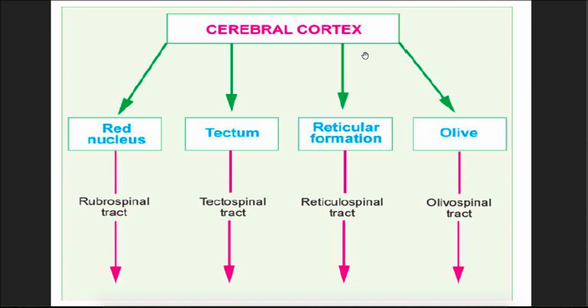So, the cerebral cortex is influencing the red nucleus, from which you will have rubrospinal. The cerebral cortex is influencing the tectum of the midbrain, from which you will have tectospinal. The cerebral cortex is going to influence the reticular formation in the pons, in the medulla, in the midbrain, from which you will have reticulospinal tract. And the cerebral cortex will influence the olivary nuclei, from which you will have olivospinal tract.